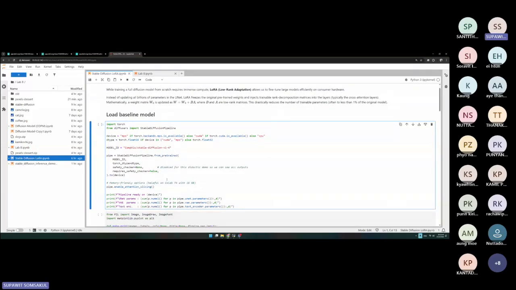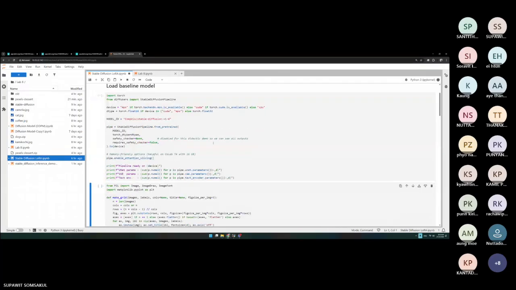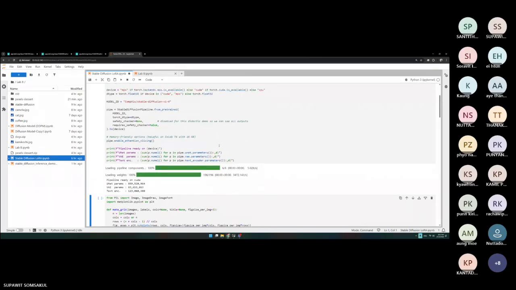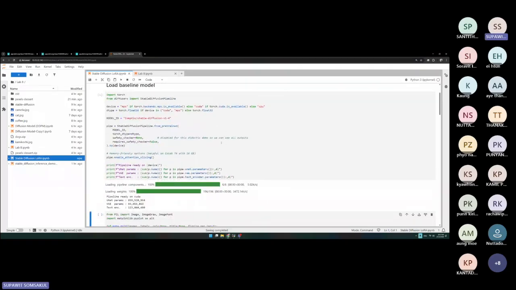This one is from Ajahn Yai's code, as I said earlier. This one I use the Stable Diffusion V1.4. Okay, now the model is loaded.